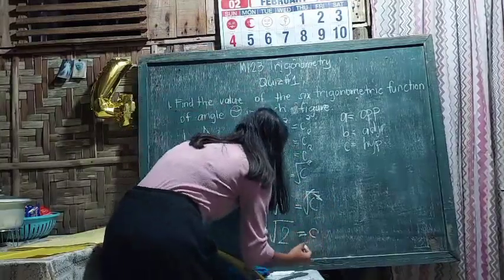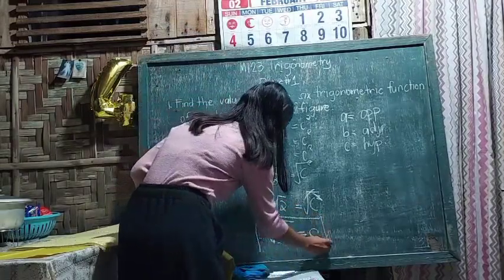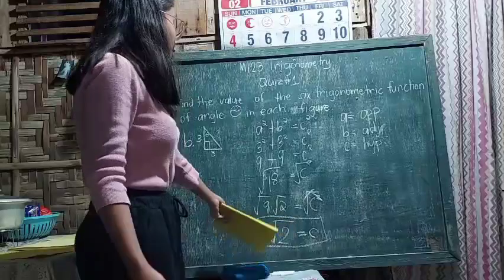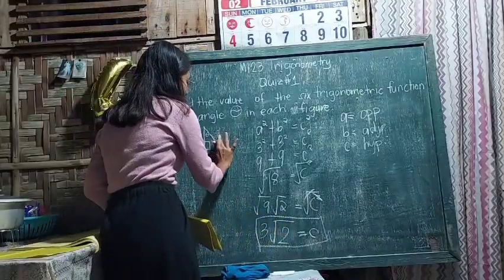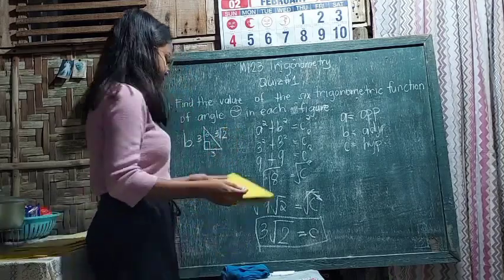So the value of C is 3 square root of 2. Now this is the value of our hypotenuse. So our hypotenuse is 3 square root of 2.